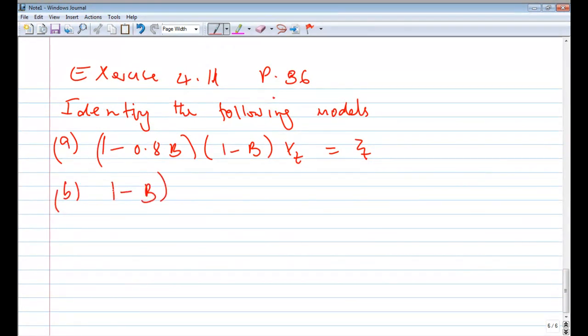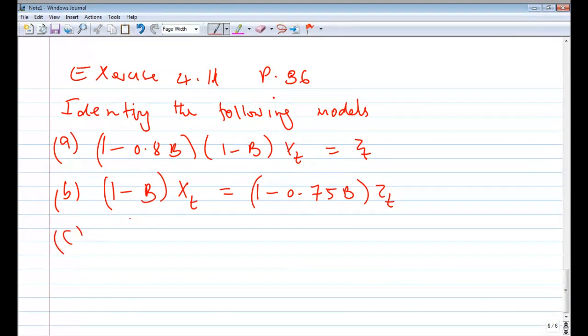Number 2: 1 minus B, xt, which is equal to 1 minus 0.75B, zt.